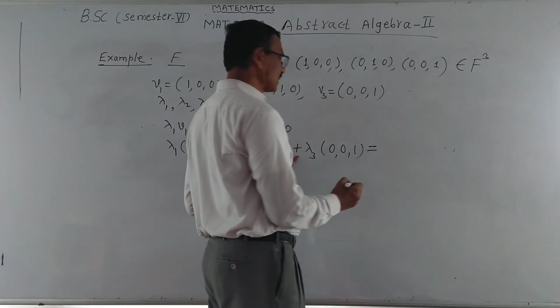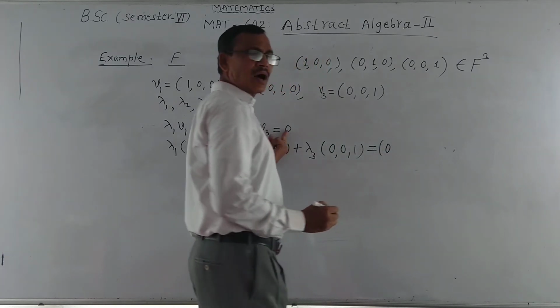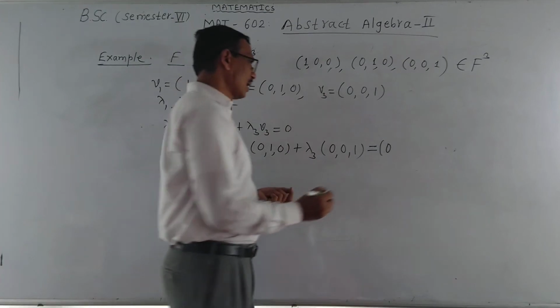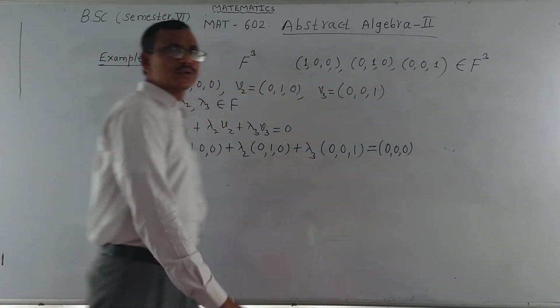As the left hand side is a three-dimensional vector, the right side must be the zero vector of dimension 3, that is, it can be written as (0, 0, 0).